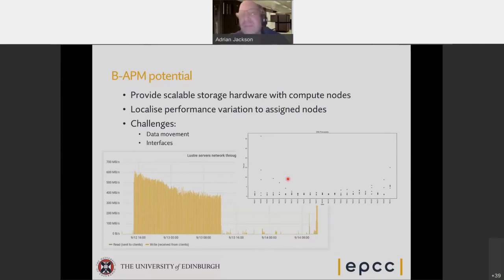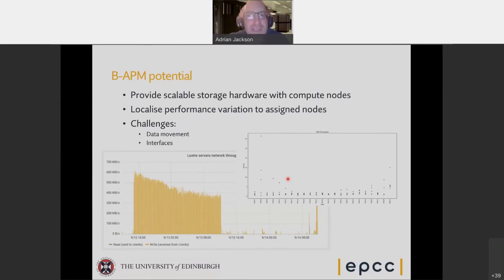But of course, on the flip side of that, it's going to be hard to use from a whole system point of view, because if you run your program and it writes some data out to the local storage, and then you want to run your program again and use that data, but it's sitting on compute nodes that are now being used by another application, by another person, that's not going to be convenient for you.